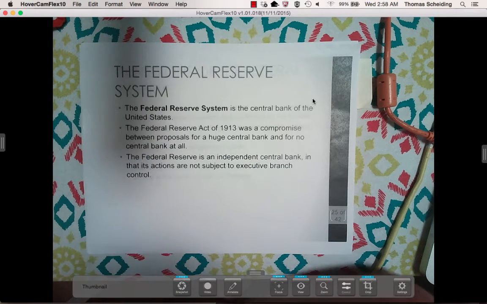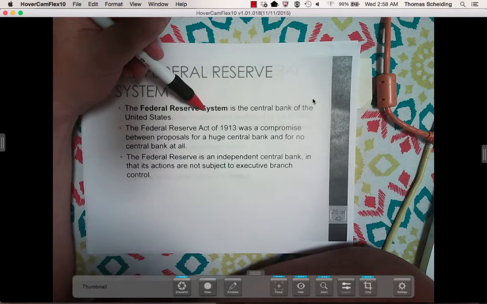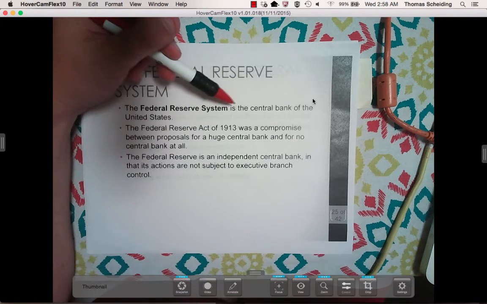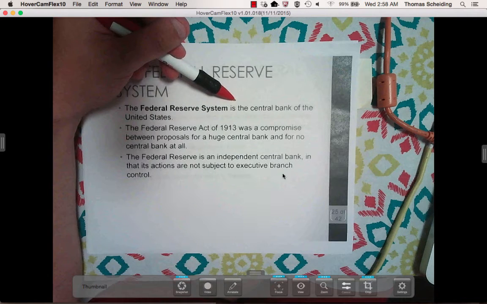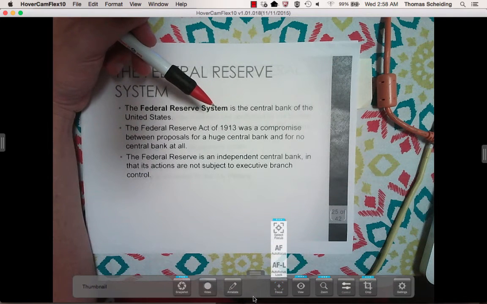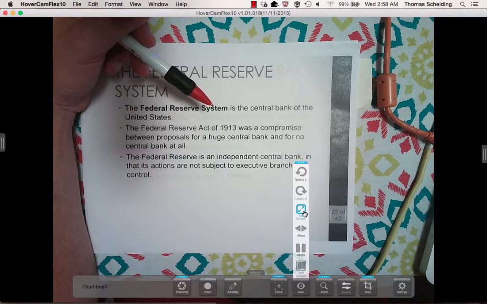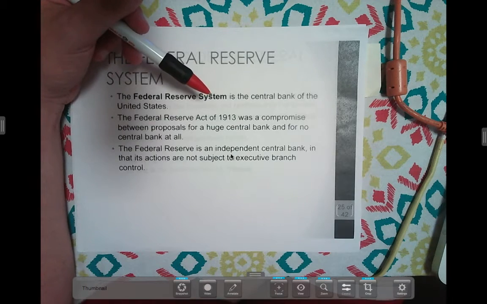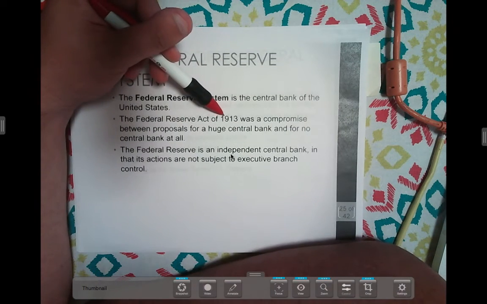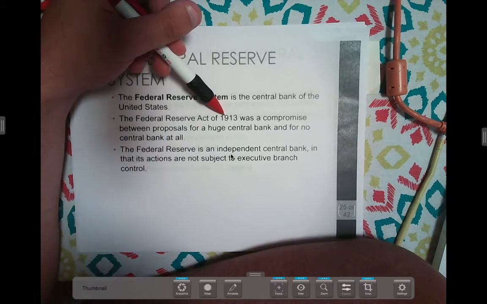The Federal Reserve System as a whole is the central bank for the United States. And so what that means for us here is it was created in 1913 largely because there was a quite severe recession in 1909.